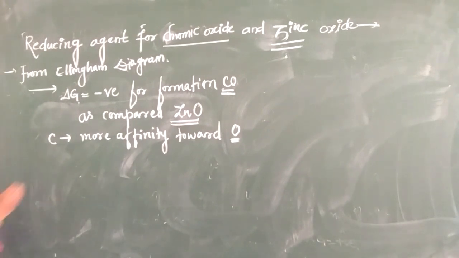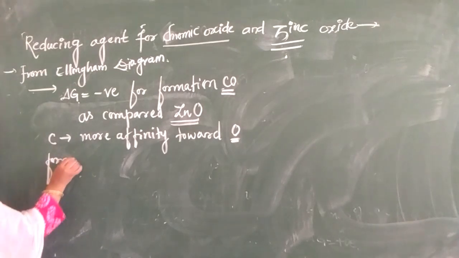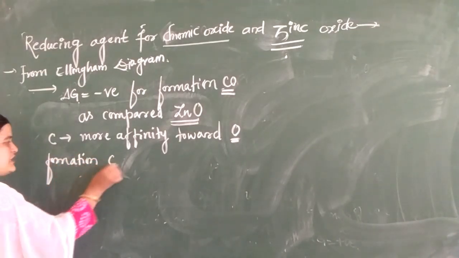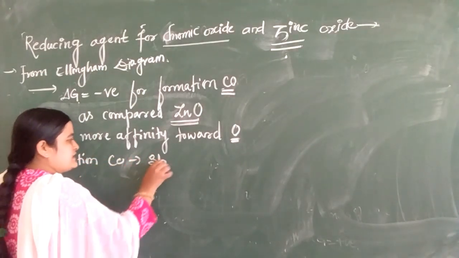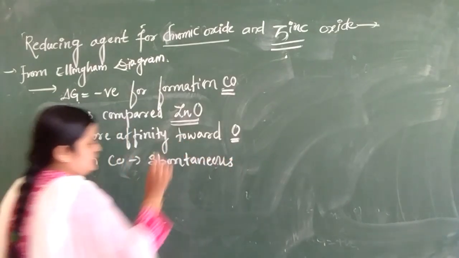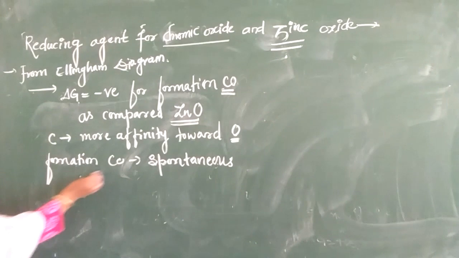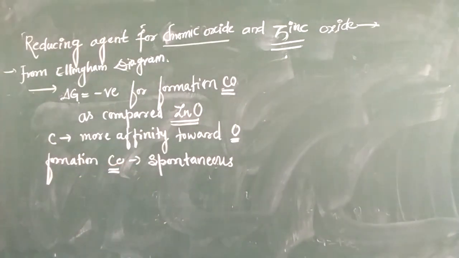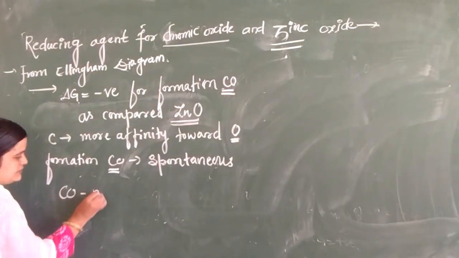So the formation of CO is spontaneous as compared to ZnO. So CO is more stable.